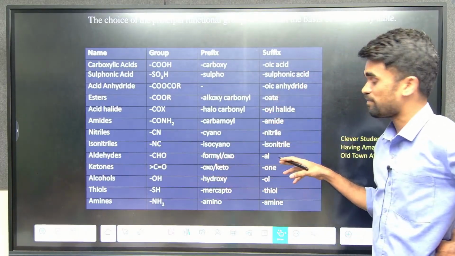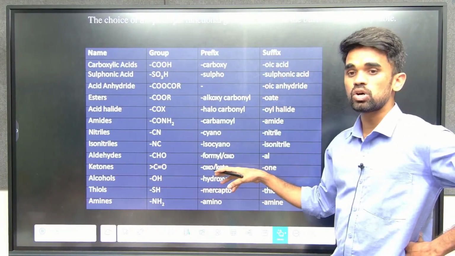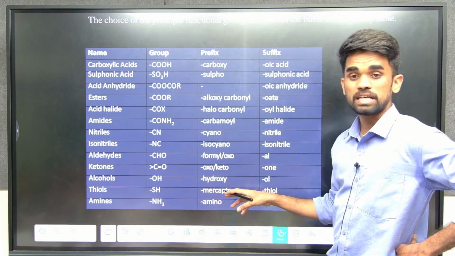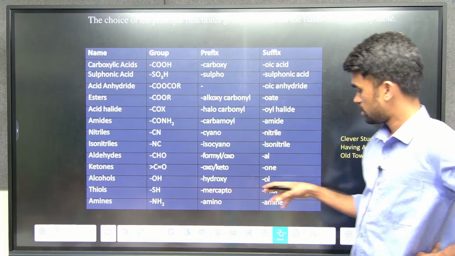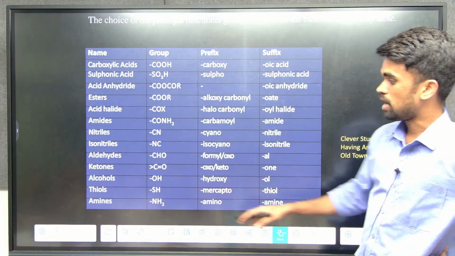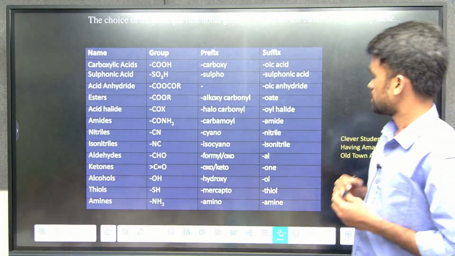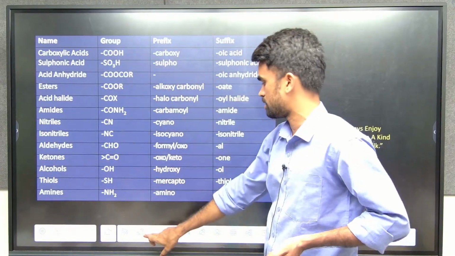What is its suffix? Al. Ketones, it can be oxo or keto, suffix is one. Thiols, prefix is mercapto, suffix is thiol. Amines, amino, amine. Okay, right. So we'll write a few names here itself. Please try to remember this order.